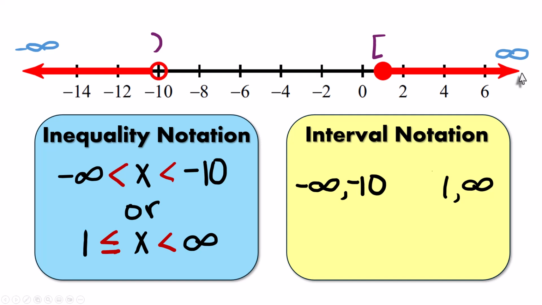For this one, you're going to go 1 to infinity. So this would be parentheses, and this one would have a bracket on the 1 because you can land on it, and a parentheses on infinity because you can't land on infinity. And then we would put the or in here. Your teacher may want to talk about other symbols that you could put in here, but for this video, I'm just going to keep consistent and use the word or.